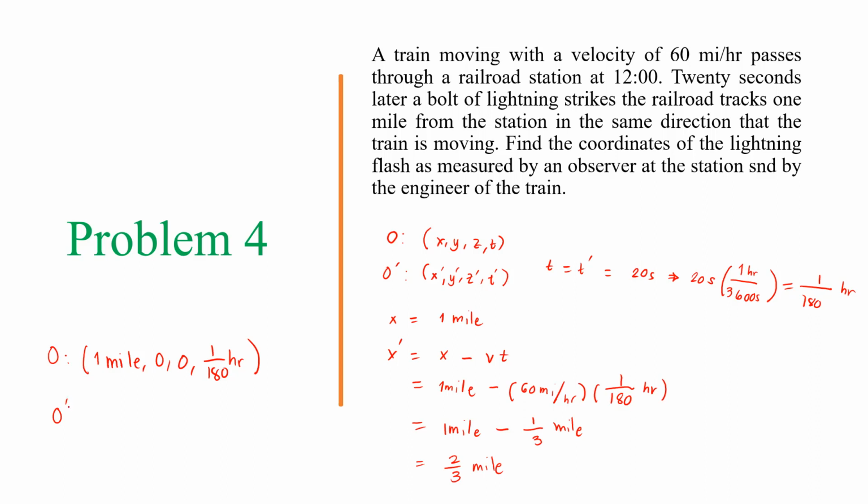And for observer O prime, we have these coordinates: 2/3 mile, 0, 0, and then 1 over 180 hour.